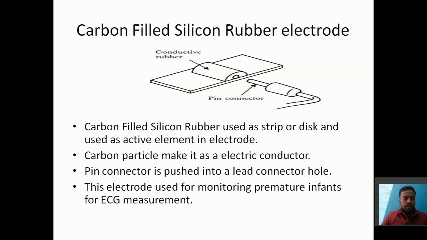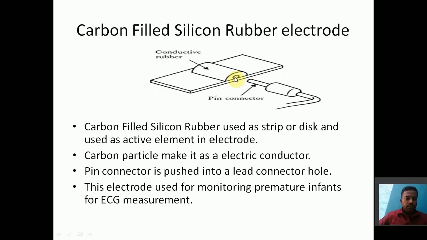The carbon particles make it an electric conductor. The pin connector is pushed into the lead connector hole. This is our pin connector. This connector is connected to the ECG amplifier, and connected with this lead hole. Here we can push this connector inside the electrode.